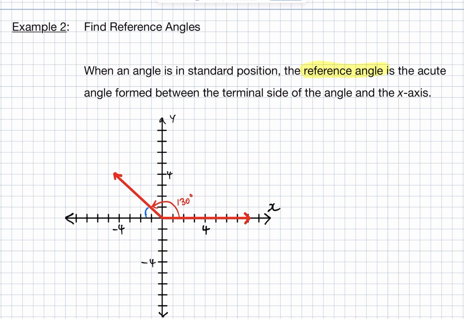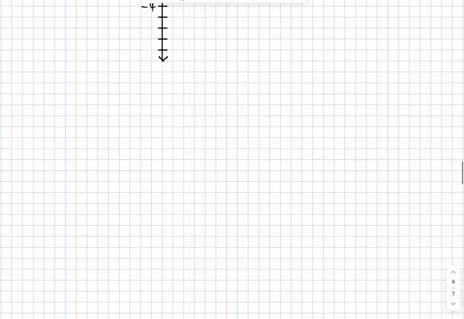So for example, we have a terminal side here, okay? We want to figure out what this angle is. So if we know this is 130, then we know that this angle is going to be 180 degrees minus 130 degrees, which is going to be 50 degrees. Okay? Let's take a look at another example.